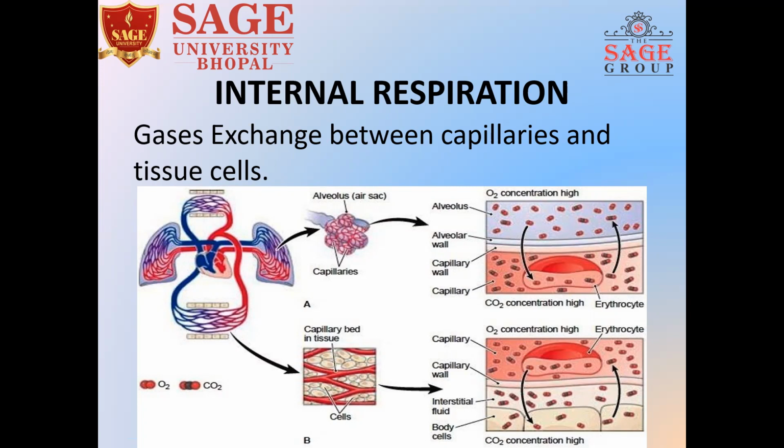So through the process of simple diffusion, the oxygen, which has a high concentration in the bloodstream, goes to the body tissues, because the concentration of oxygen is high in the bloodstream. The tissues carry a high concentration of CO2, which transfers to the blood capillaries.